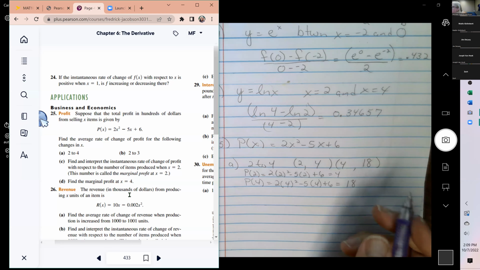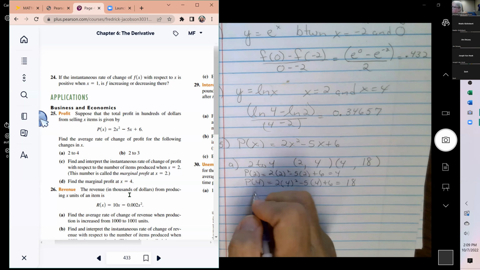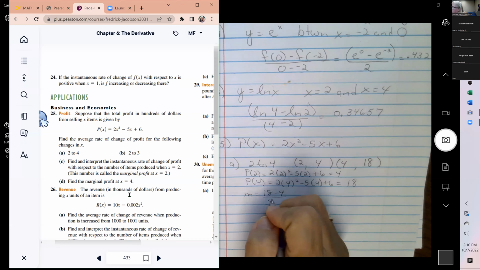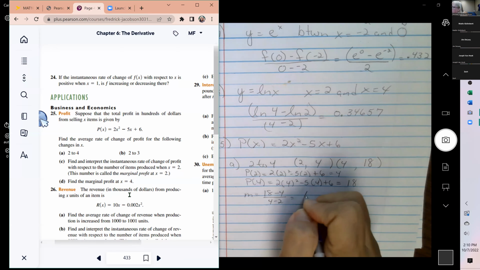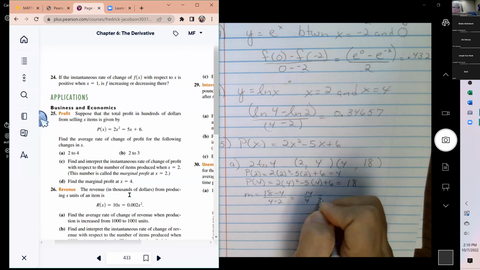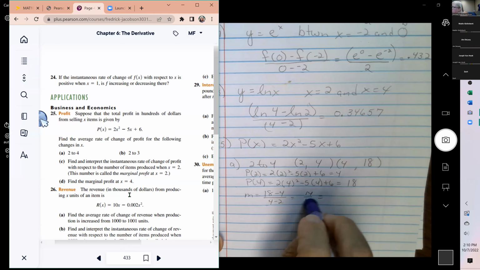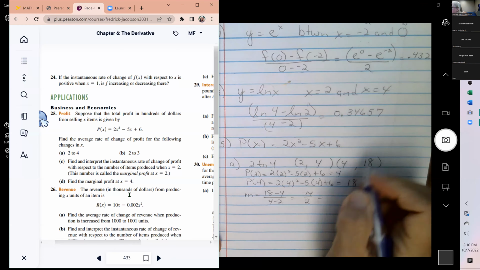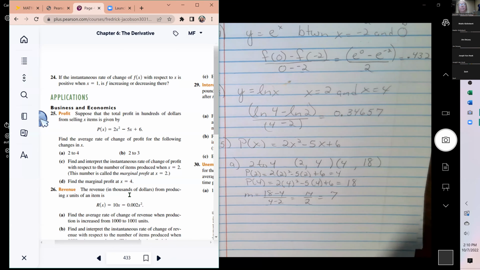So average rate of change is your slope, 18 minus 4 over 4 minus 2. Now we need to explain what that means, but is there any questions on getting the 7?